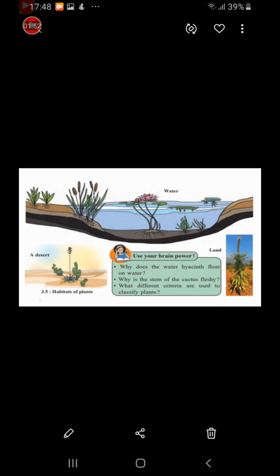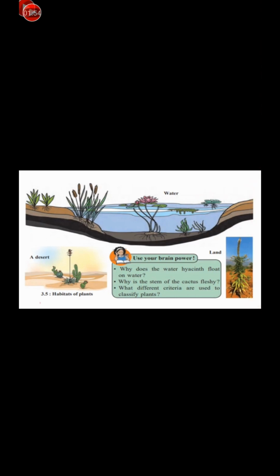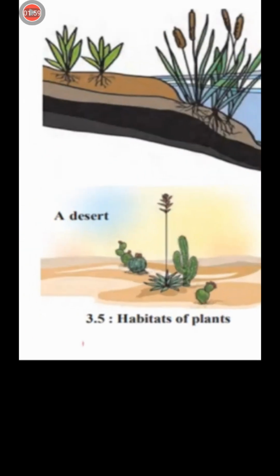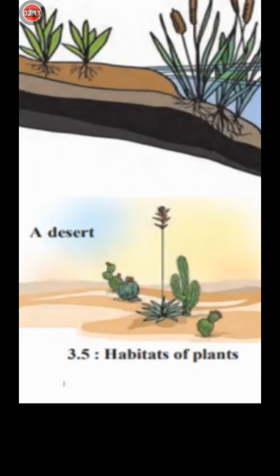Now you know this cactus plant, right? You must have seen the cactus which is found in the desert area, Rajasthan. If you have seen the cactus, it actually has thorny leaves. So, these thorns are nothing but the leaves of the plant.